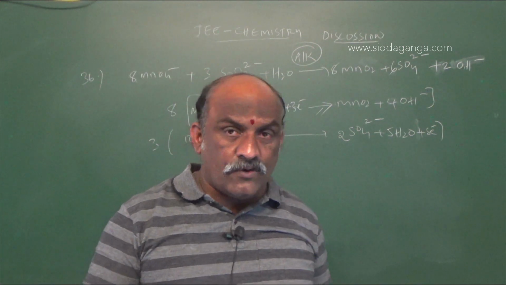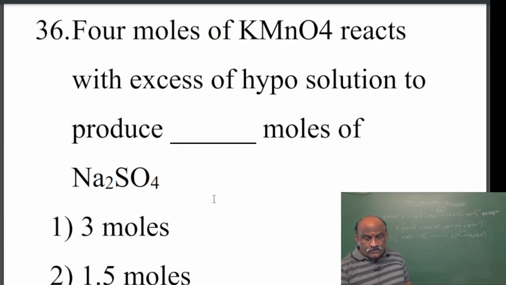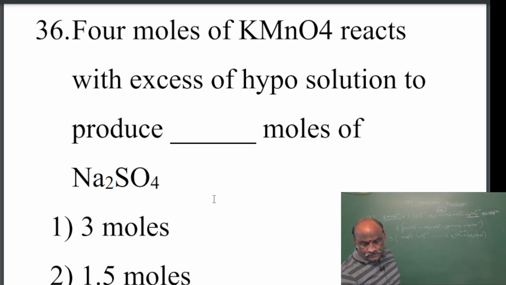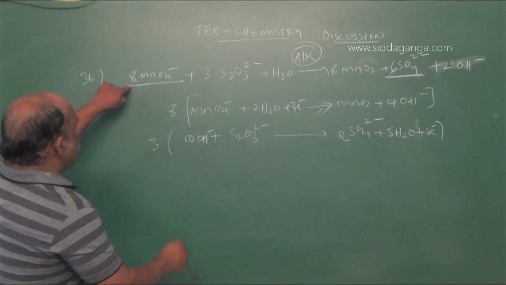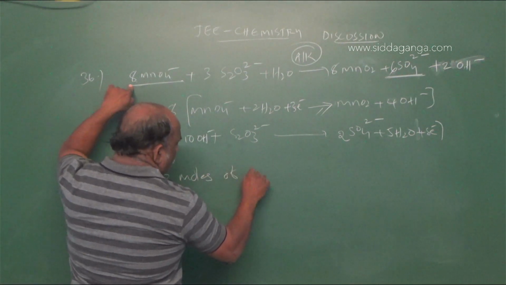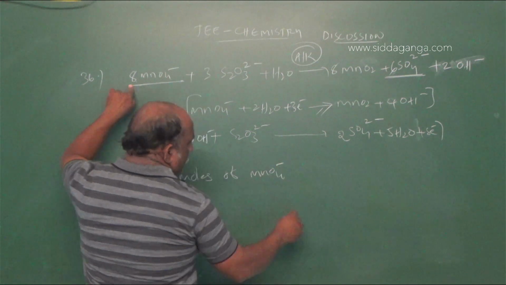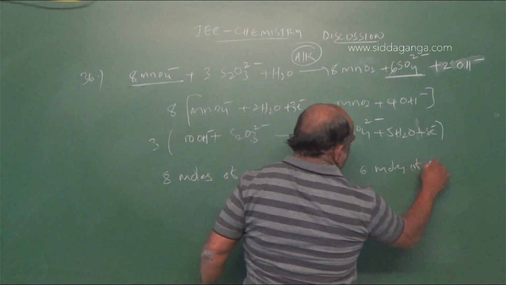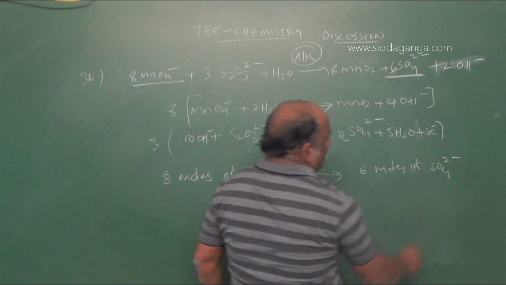From that equation we have to pick what we want. It is 4 moles of MnO4 minus reacting with excess hypo solution to produce how many moles of sulfate. From this reaction, 8 moles of MnO4 minus produce 6 moles of sulfate.